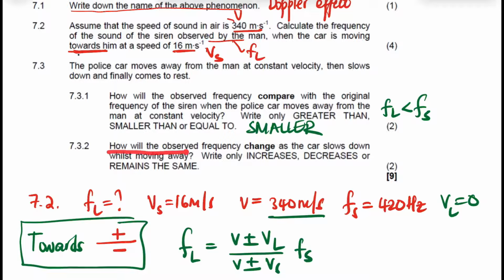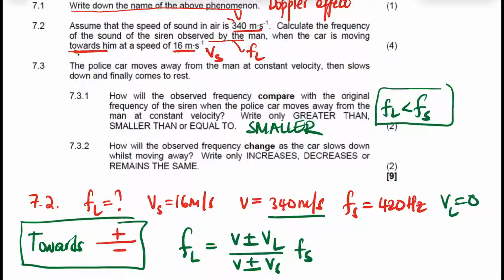Now, how will the observed frequency change as the car slows down while it's moving away? Guys, if the car slows down while it's moving away, instead of the frequency of the listener being lesser than the frequency of the source, it's going to be greater.